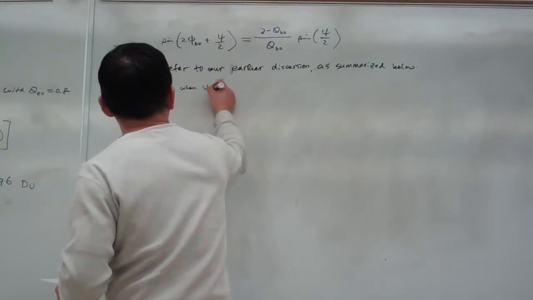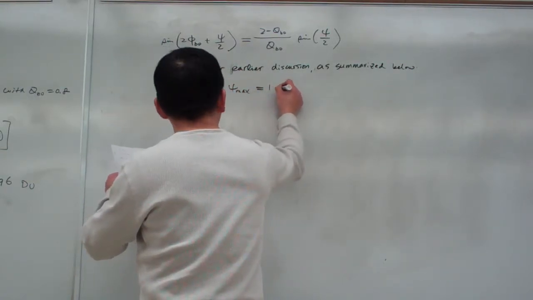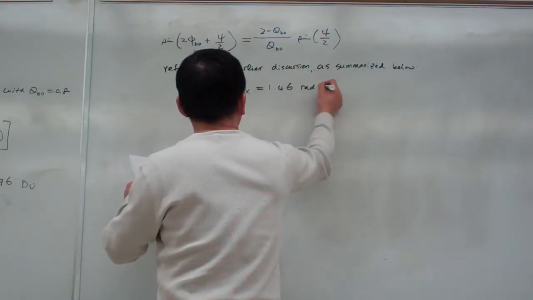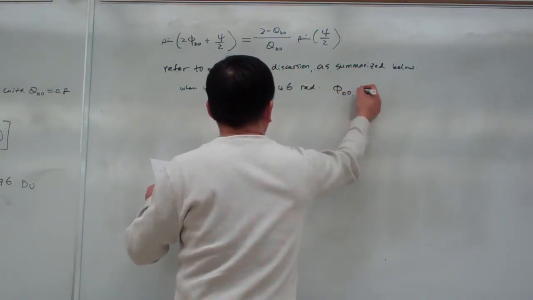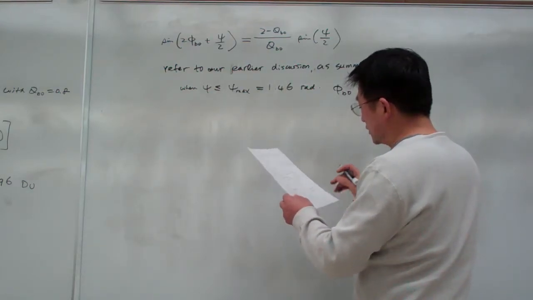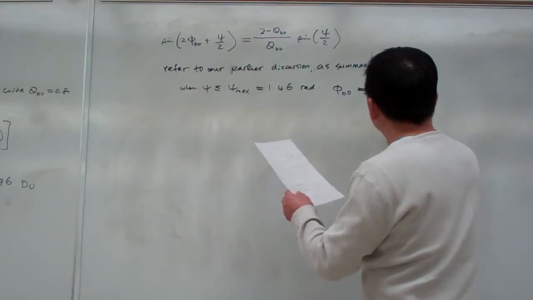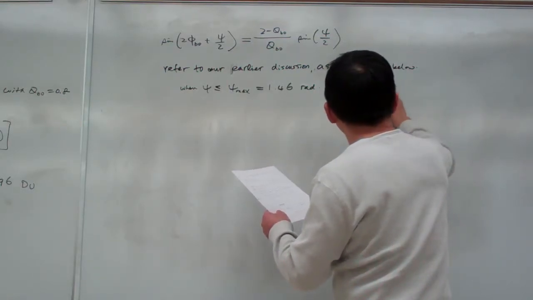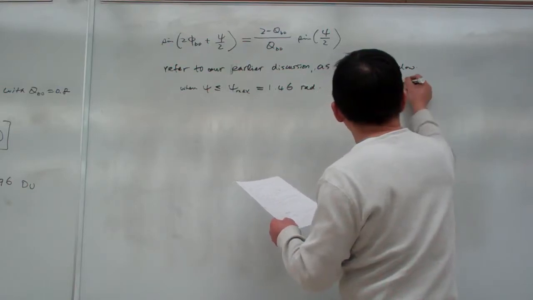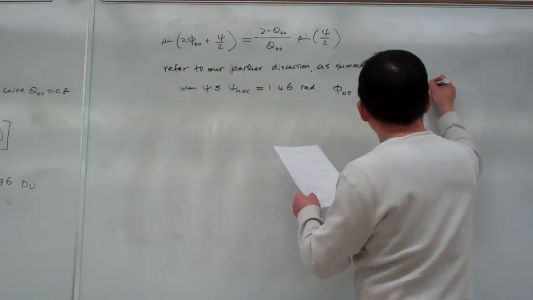When this one is less than the maximum, equal to 1.46 radian, VBO is equal to certain numbers, pi over 2 and pi over 2 minus this one.